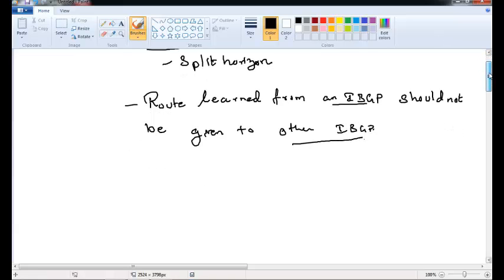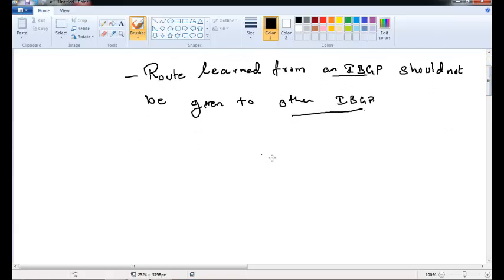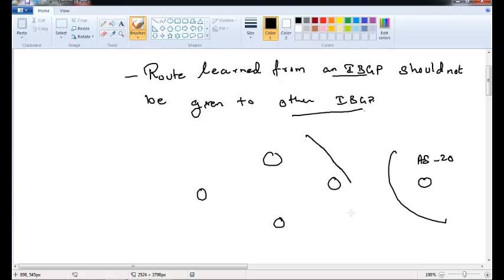What does it mean? Let's take 3 or 4 routers. Okay, 5 routers. Now I make this as AS20 and this one as, let's say, AS10, and they are connected like this.